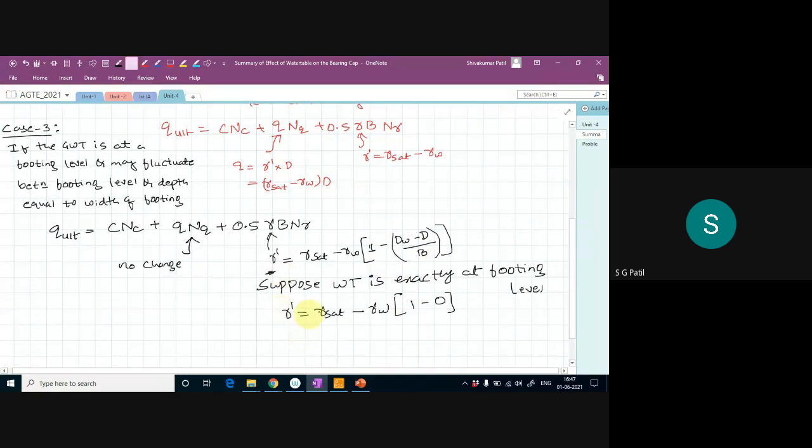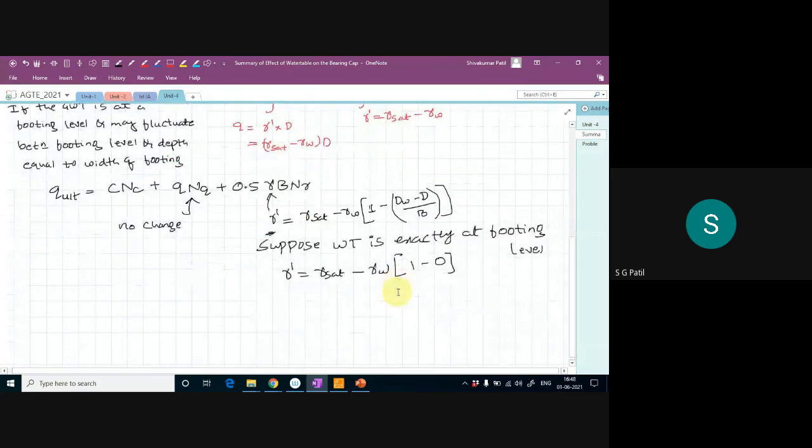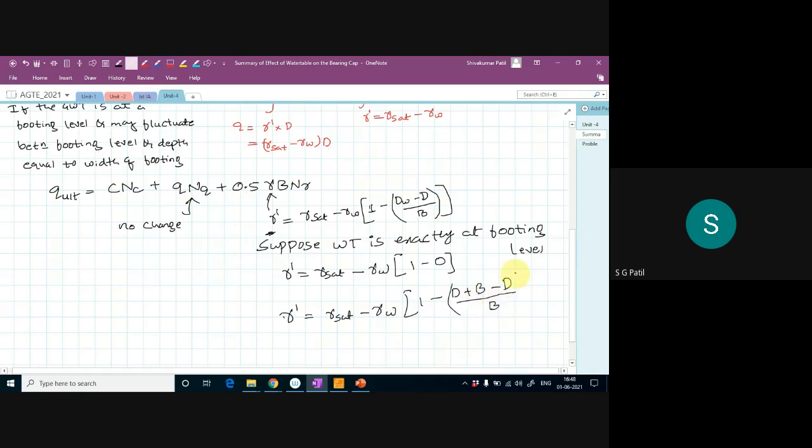Now here, what will happen if you put dw equal to d plus b? Gamma dash is equal to gamma sat minus gamma w into 1 minus (d plus b minus d) divided by b. So d and d will get cancelled and the b also will get cancelled. It will become 1, and 1 minus 1 is 0.